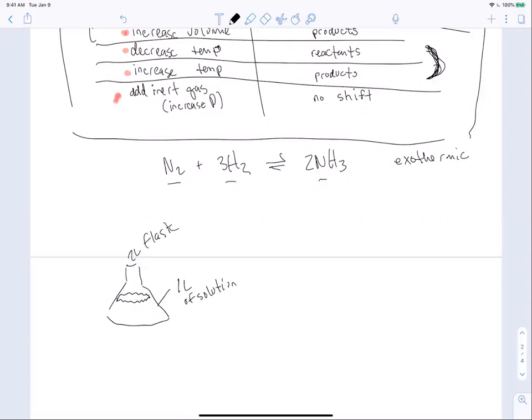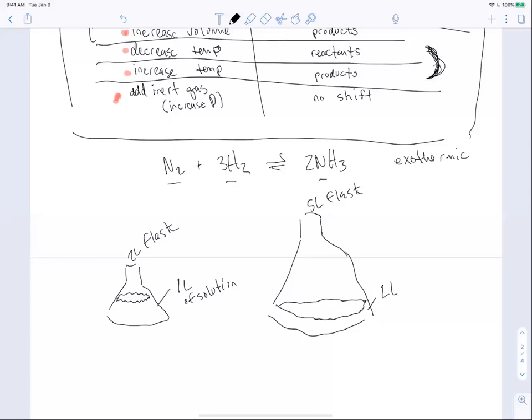If I put that into a larger flask, so let's say now I've got a 5-liter flask. Yeah, my solution thins out a little bit at the bottom because it doesn't have as much volume, but I still just have 1 liter of solution there.